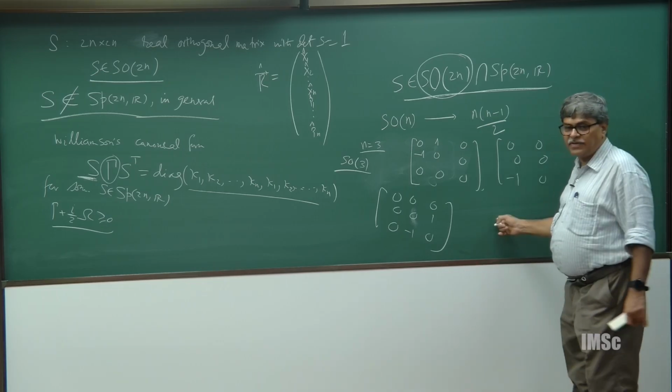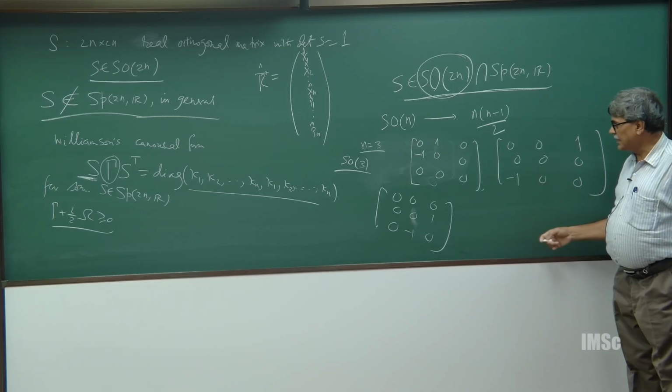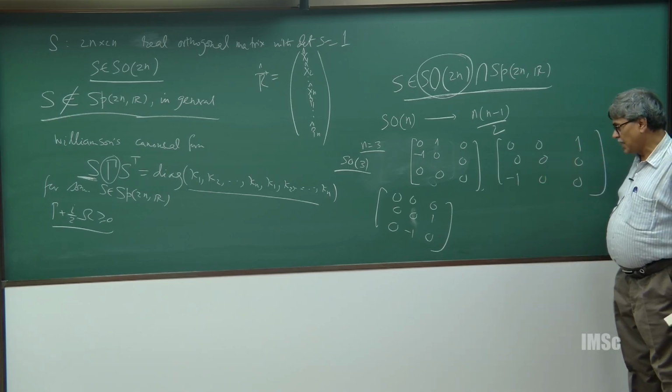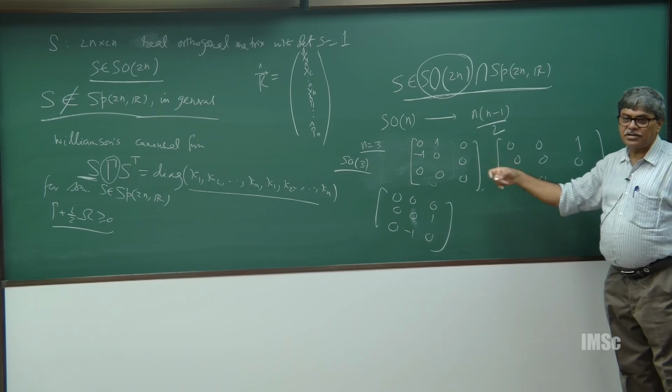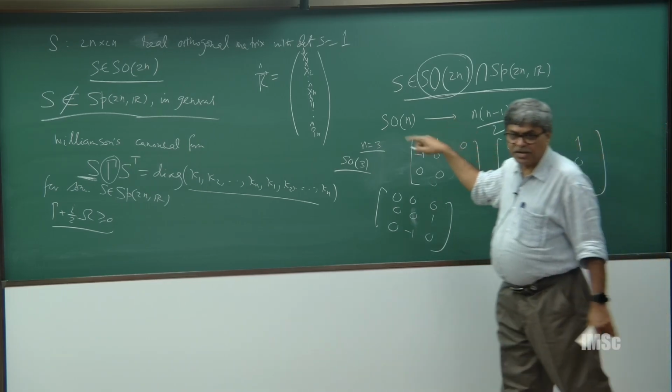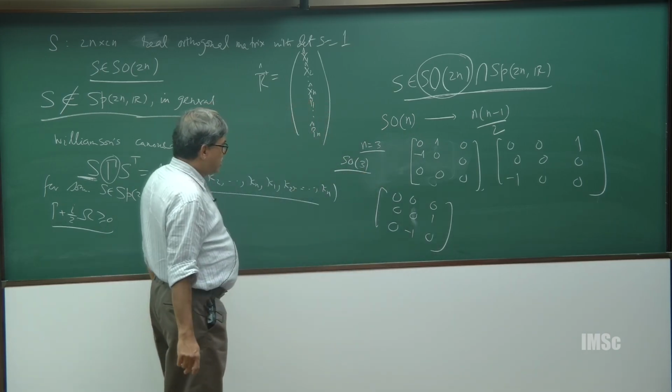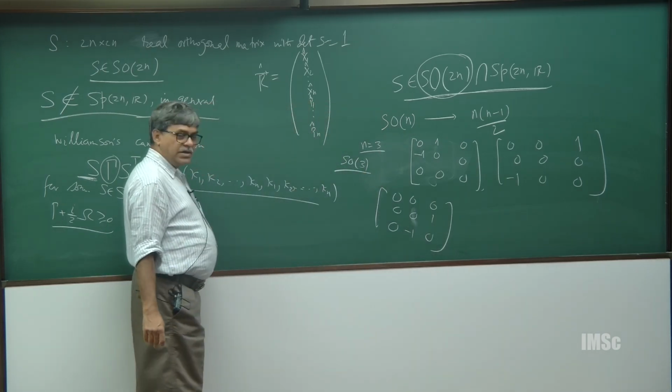These are not Hermitian, but you can make them Hermitian by multiplying by i. Then these will be your generators of SO(3).